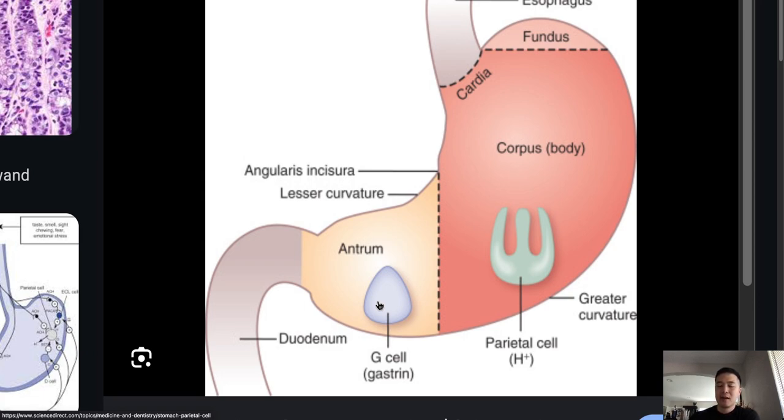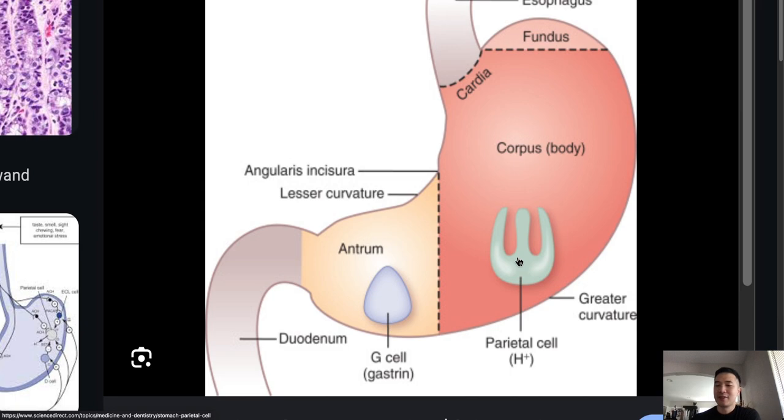Now, with PPIs, it blocks acid production. So the G cells are like, what's up? I don't sense any increased acid. So it's going to secrete the hormone gastrin. And gastrin has an effect on parietal cells by causing them to create more secretions, be more active.